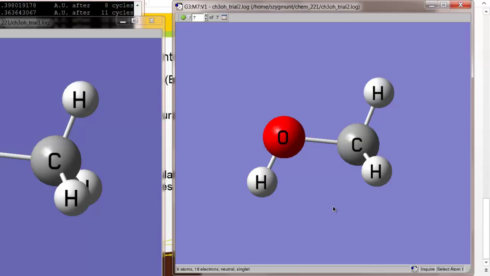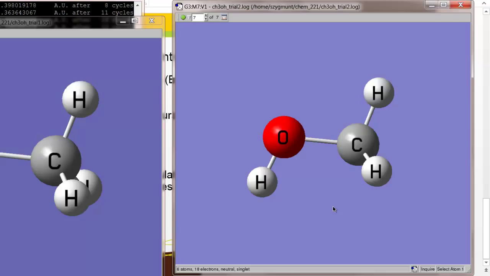Now, I have to distinguish between precision and accuracy. Accuracy means how close the result of our calculation is to the result that we would get if we did a careful experiment.